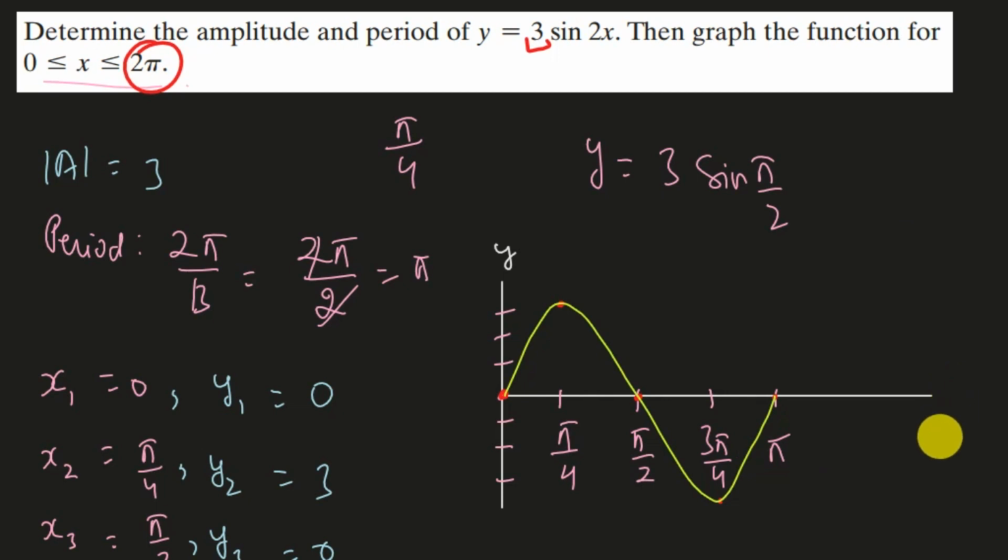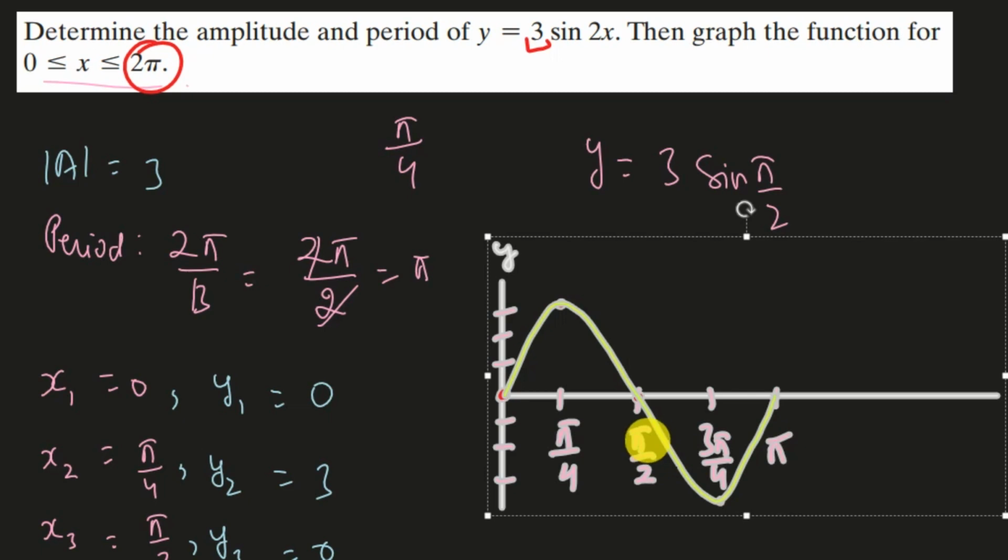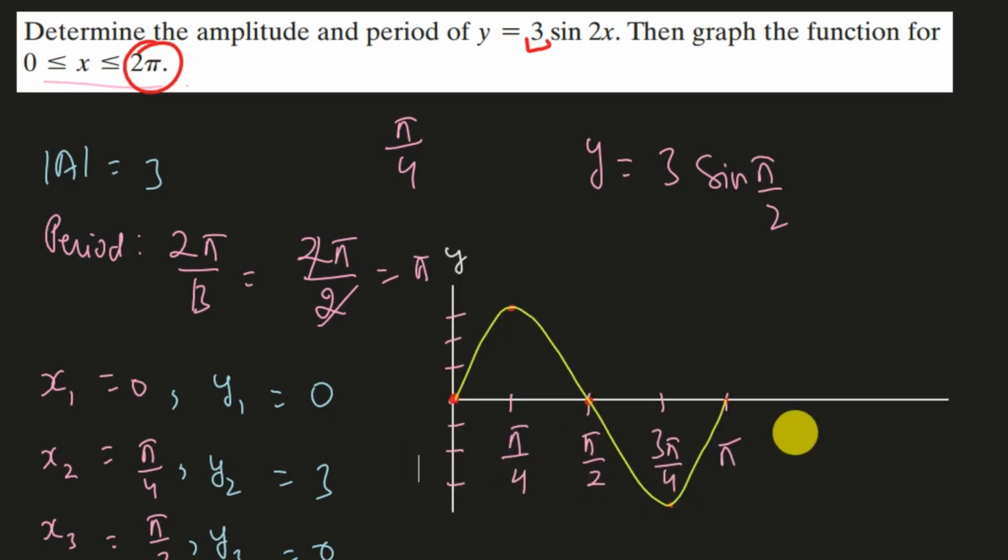So if I extend this line here like this, now this would be the next point. Add pi by 4 to it, so it will go up to 2 pi, right?